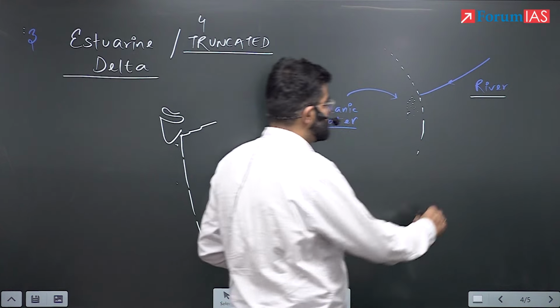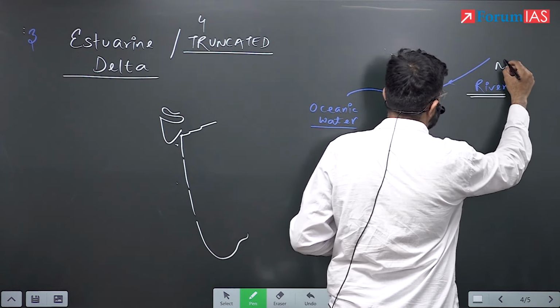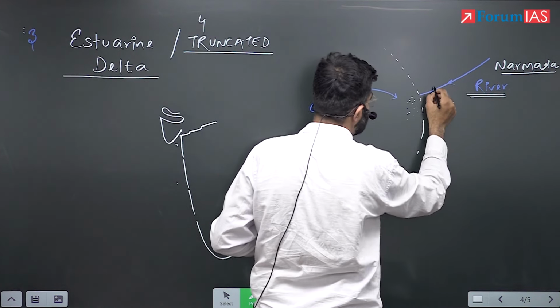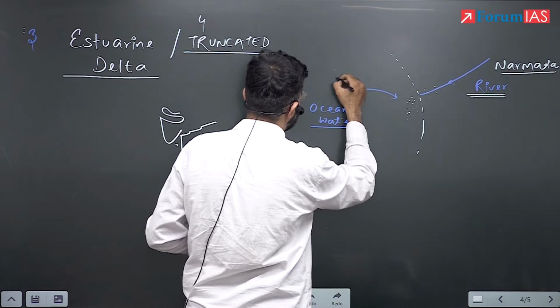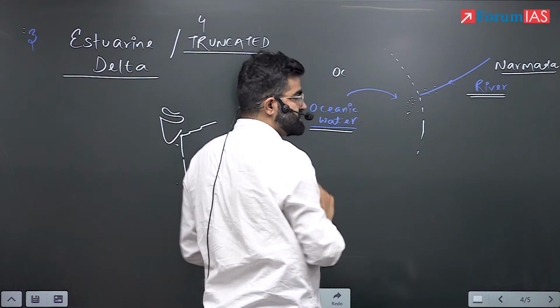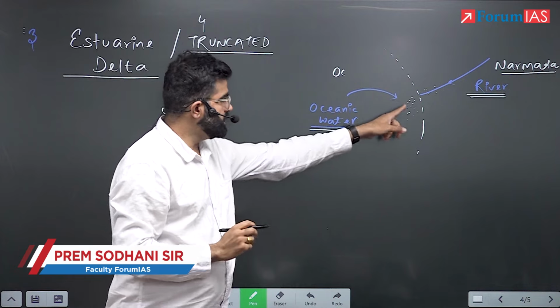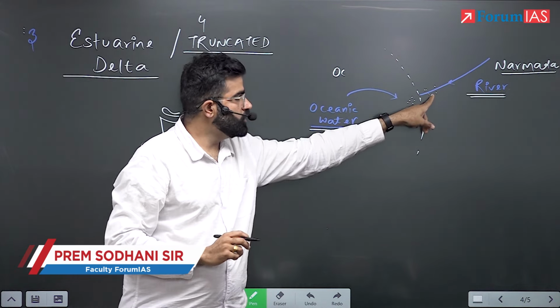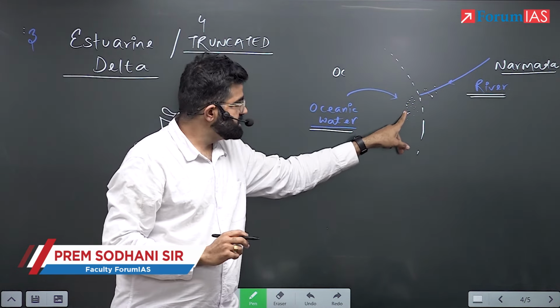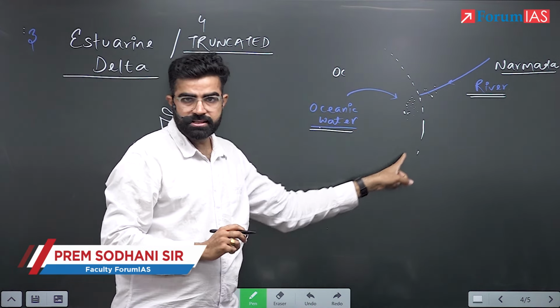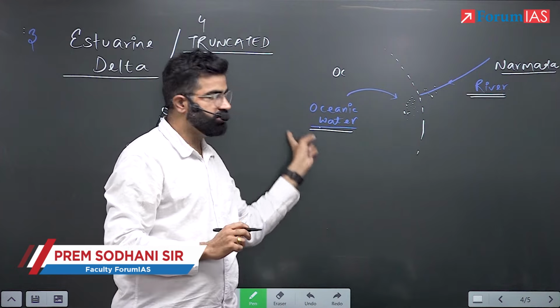Now I am taking the example of, let's say, Narmada. Some sediments are being brought by the Narmada river, but here the oceanic water is very turbulent. Because of this estuary, these sediments are not allowed to get deposited in this area. Why? Because the oceanic water, as it is in circulation, again and again washes away these sediments.